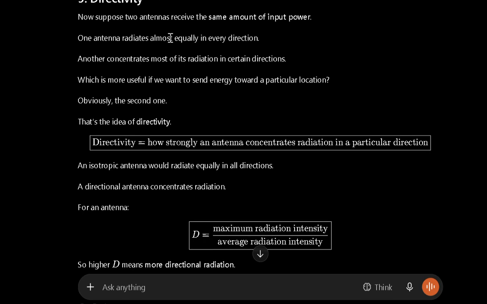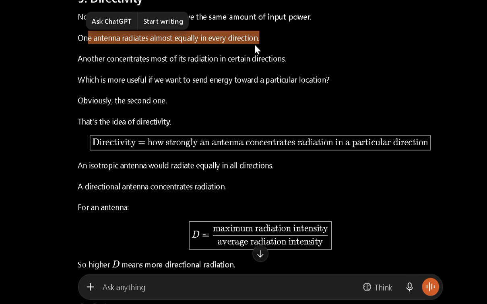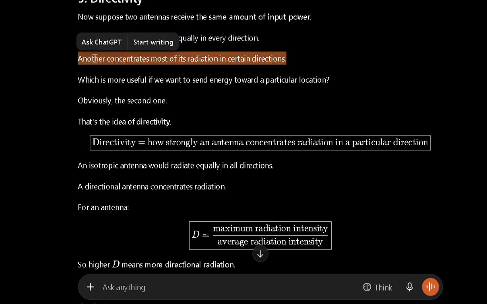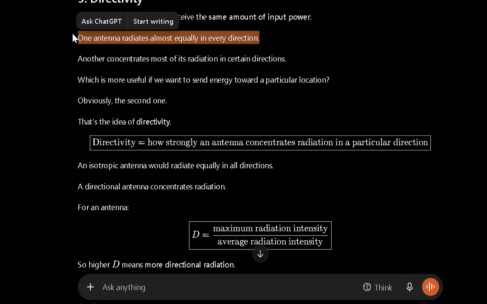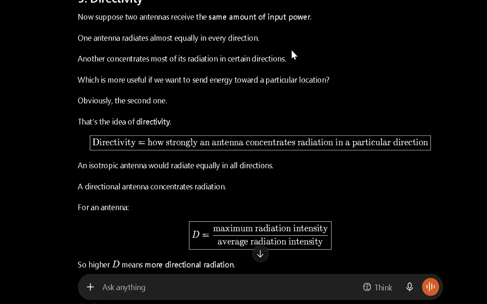Now suppose two antennas receive the same amount of power. One antenna radiates almost equally in every direction, and the other concentrates most of its radiation in one direction. These are two different antenna behaviors. The antenna that radiates equally in every direction has low directivity. The one that radiates in certain directions has high directivity, which is more useful if we want to send energy toward a particular location.